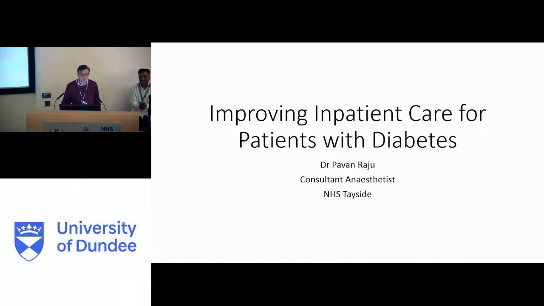This is apparently a very important part of the process, but I've known Pavan for a number of years and he's heavily involved in improvement of patient care, and he has a role to try to improve the lot of your diabetic patient whilst an inpatient. He's going to give us a few introductory slides about what he's done and how he went about it, and then we've got two presentations which I'll leave Pavan to introduce. So I'm looking forward to learning about this new thing of diabetes.